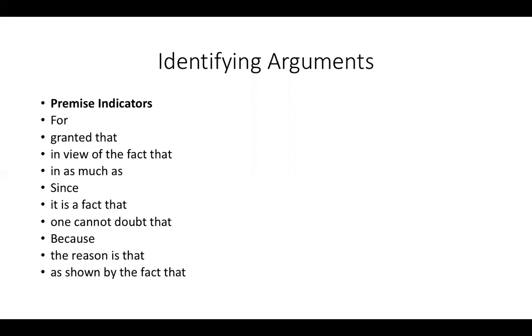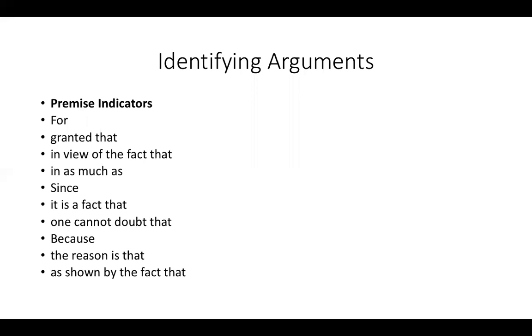And then if a sentence begins with because, it is most likely a premise. Or the reason is that. When a sentence begins with the reason is that, automatically you are looking at a premise, because the function of premises is to provide reasons for conclusions. So a sentence that says the reason is that, automatically you know you are not only looking at a premise, but it also suggests that another sentence is a conclusion.